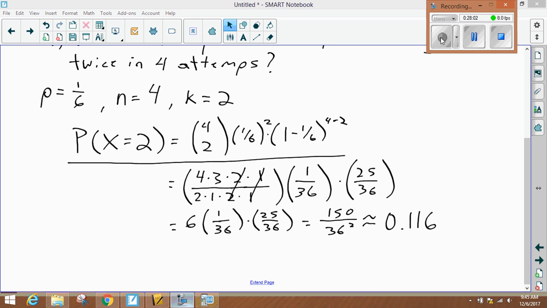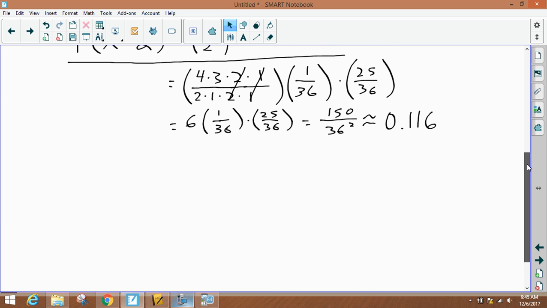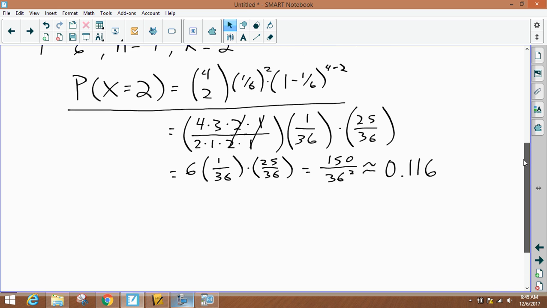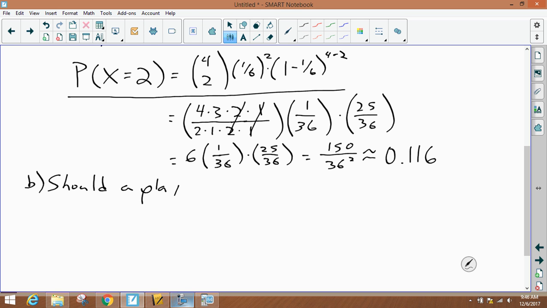So continuing on with doubles, what if we wanted to know the probability that it occurs in... Oh, the book has a way cooler way of talking about this. So, let's look at a second example. This is a good question. Should a player be surprised?